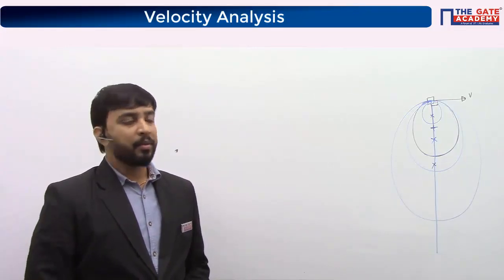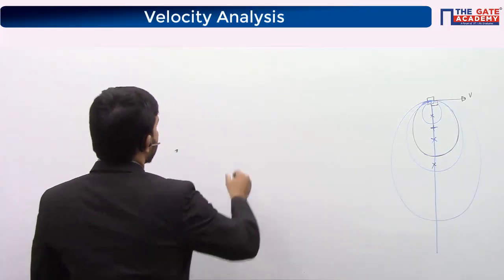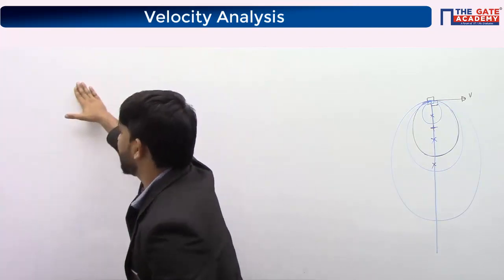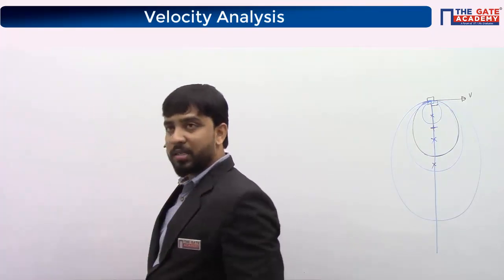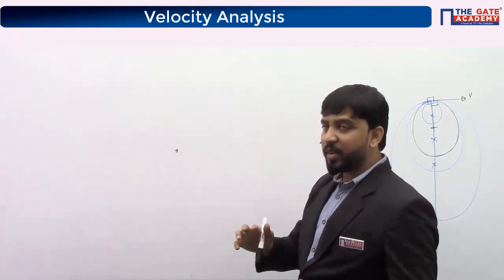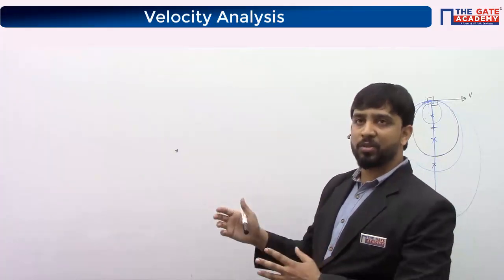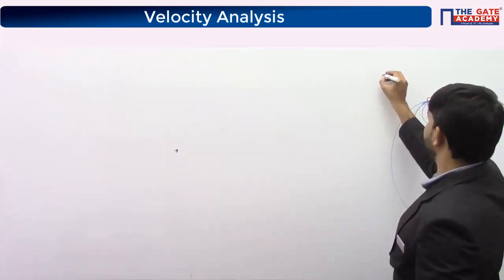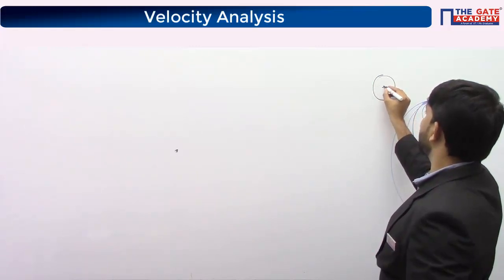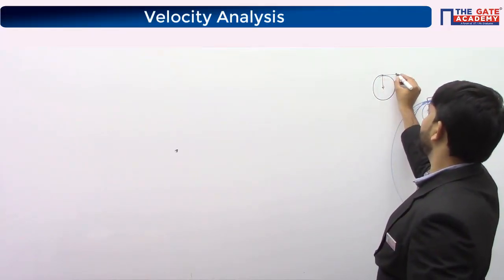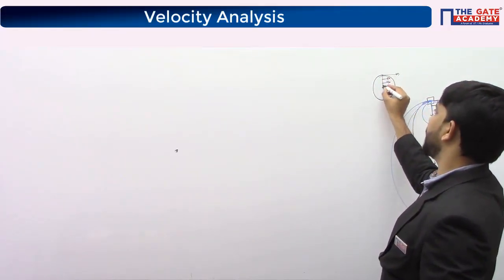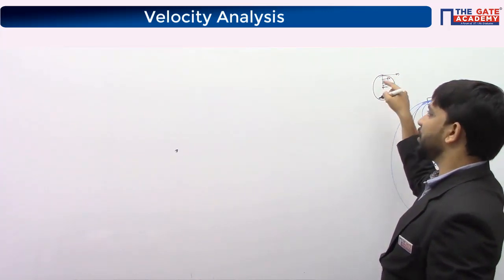So we try to locate the instantaneous center for a body which is in general plane motion. Whenever I say a body is in general plane motion, different points will have different velocities. If a body is rotating, the velocity vectors may be something like this. Here there is more velocity, and the velocity vectors are perpendicular to the radial line.